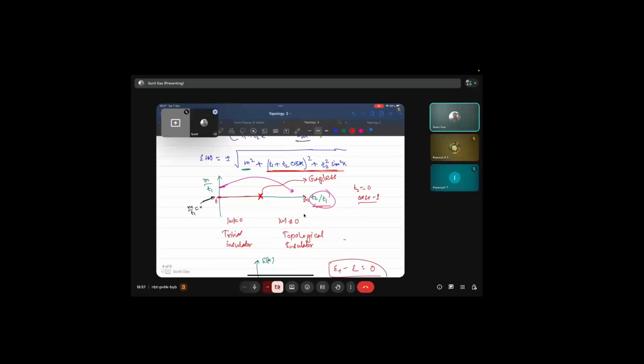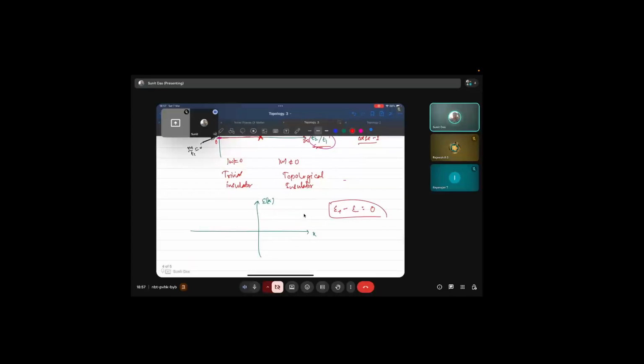But as long as you have some m not equal to 0, then irrespective of any value of T1 and T2 and any value of k, you will always have epsilon plus to be plus m, epsilon minus to be minus m. So this is always guaranteed.